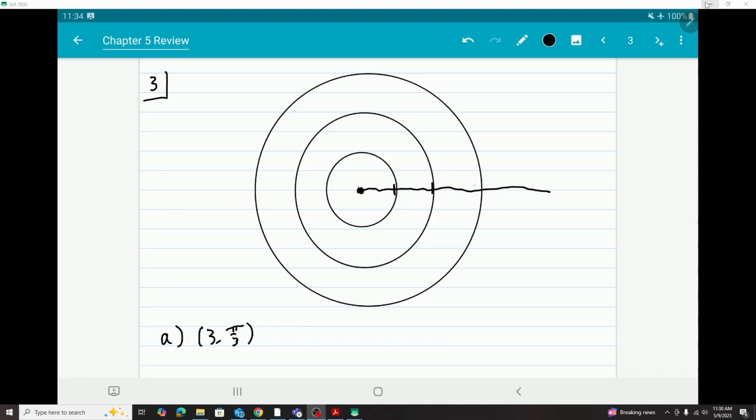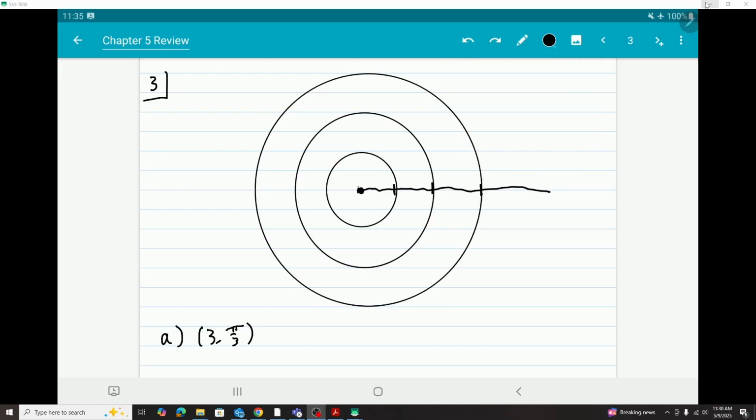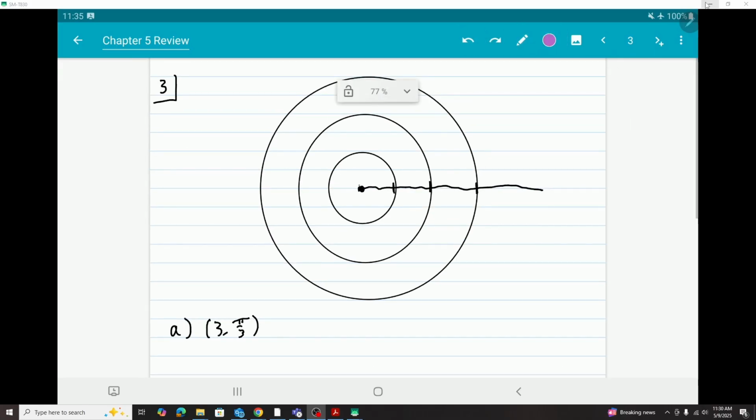And the idea is we would have our normal tick marks that denote distance. And whatever I tell you your distance is, that's what circle you're going to be on. So when I say 3 comma pi over 3, that means I'm going to have to land somewhere on this outside circle. How do I know where that I land? I make an angle of pi over 3.